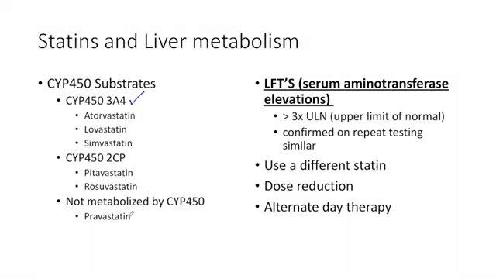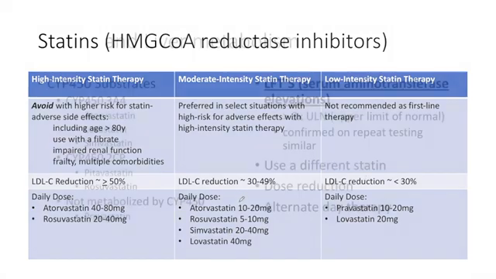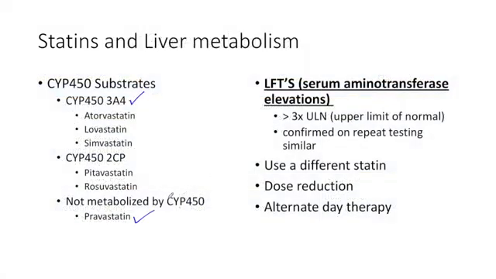If you want to avoid CYP450 because you have so many medications on board, you choose pravastatin. But then you have to consider whether you're looking for a high intensity statin, because pravastatin would only qualify as a low intensity. It's just something you have to take into consideration when making your choices.